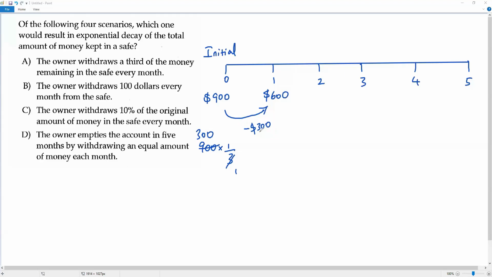At the end of the first month, he withdraws 1/3 of the initial deposit. If I subtract this 300 from 900, it will be 600. So the money remaining in the safe at the end of the first month is $600.